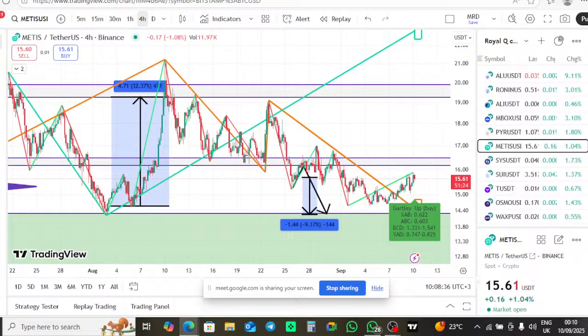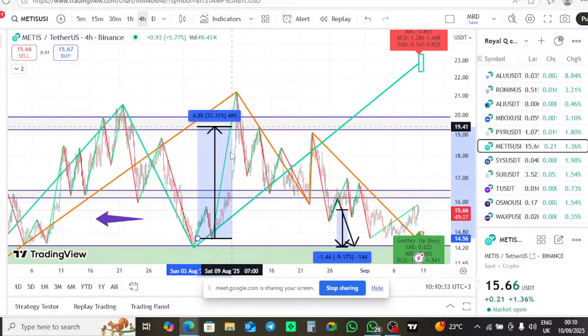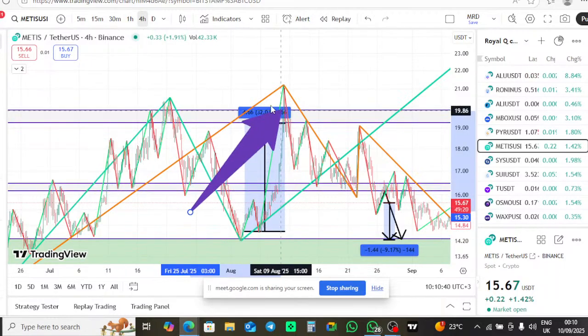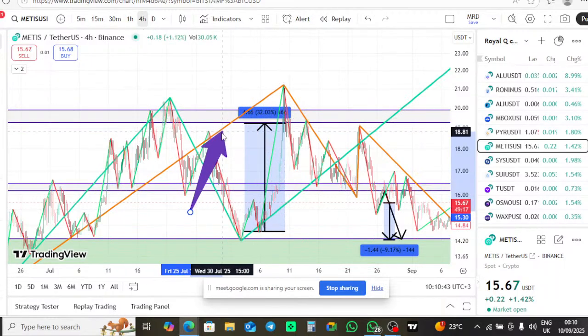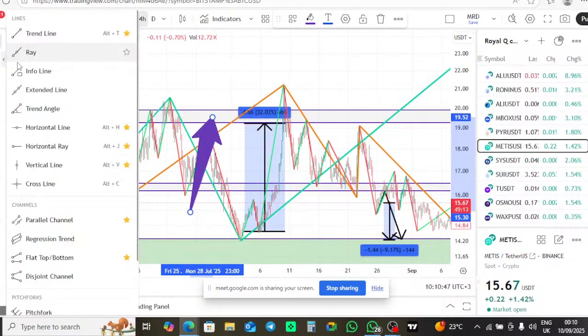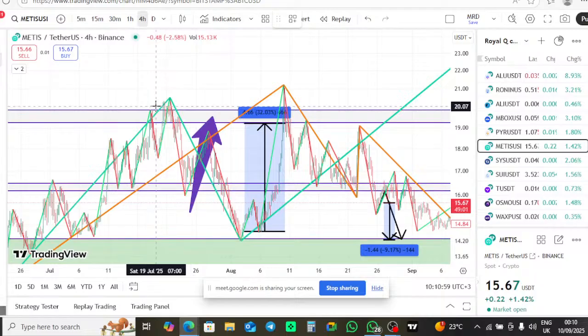For example, on this coin, let us say you want to put it on cycle mode and you want to exit here at the resistance level. You look at the price where you want to exit, draw a line there, and say I don't want to exceed here. Maybe I can consider 20. Yeah, 20. I draw my 20 line there, like this.